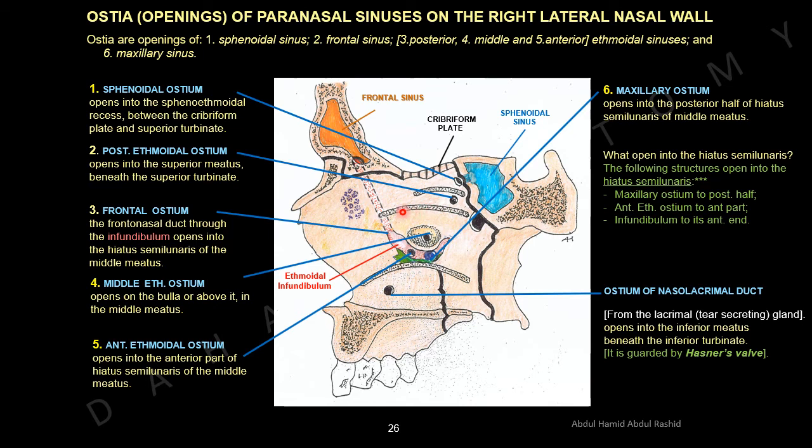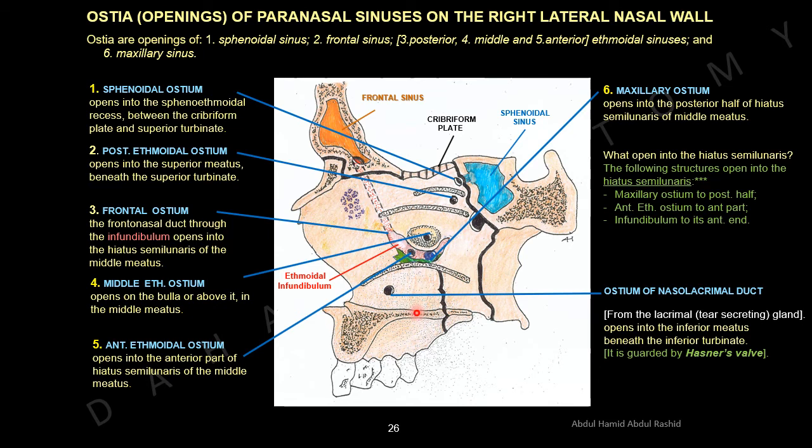This is middle turbinate. And this is inferior turbinate. The space or passage between the cribriform plate and superior turbinate is sphenoethmoidal recess in front of the body of the sphenoid. The passage under the superior turbinate is superior meatus. The passage under the middle turbinate is middle meatus. The passage under the inferior turbinate is inferior meatus.